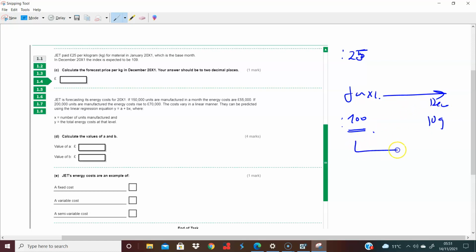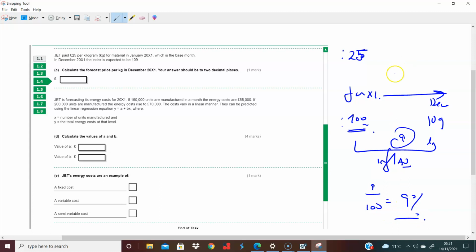So basically prices are expected to have increased from 100 to 109. In this very simple, lovely case, that is 9%, because the growth is 9, and we always do that on top of where we started.